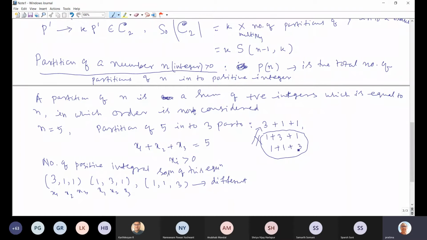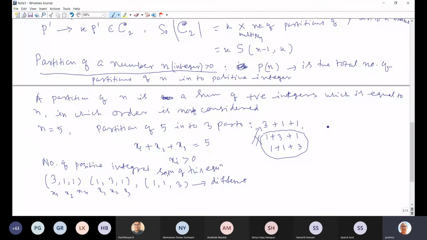But whenever we look at the partition of an integer, all 3 will be taken as the same partition. Understand? So next we are looking at 5, partitioning into 3 parts.